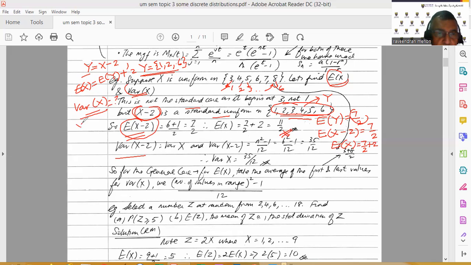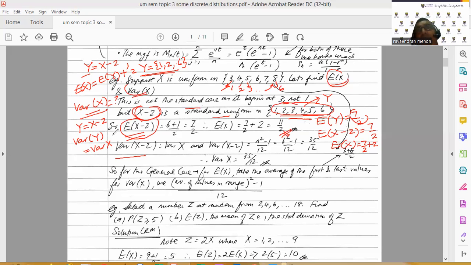Y will be x minus 2. So the variance of y will be equal to the variance of x. We know that, right? The negative 2 doesn't change anything. The variance of y equals the variance of x.